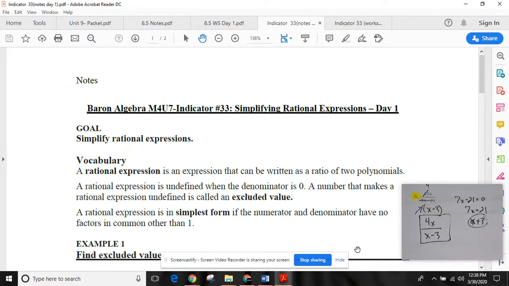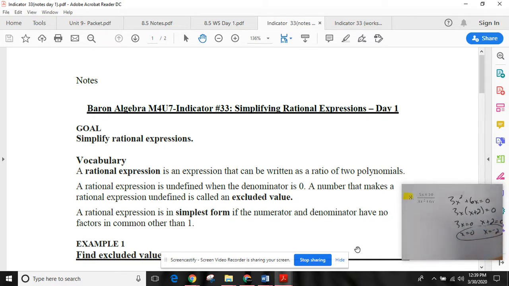Okay. One more. If I go straight down to number 8, exact same thing applies. I'm going to take 3x squared plus 6x equal to 0. Take out a 3x. I'm left with x plus 2 equals 0. So 3x equals 0, x equals 0, x plus 2 equals 0, and then x equals negative 2.